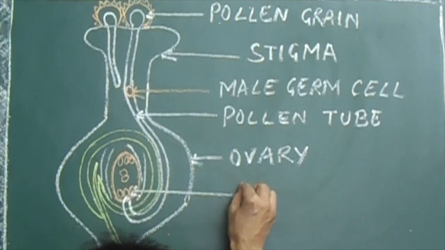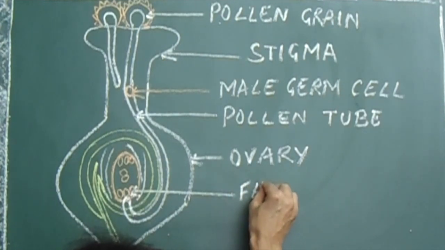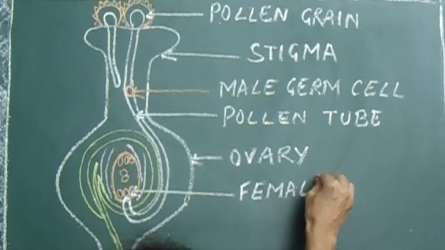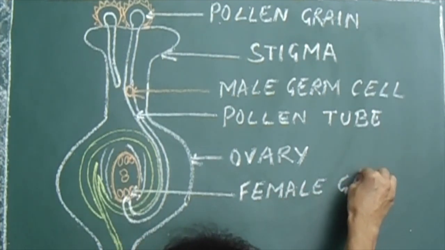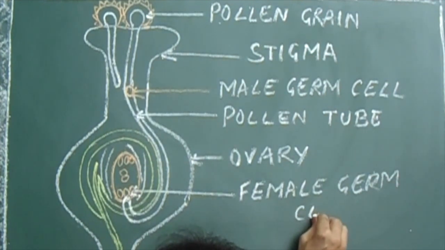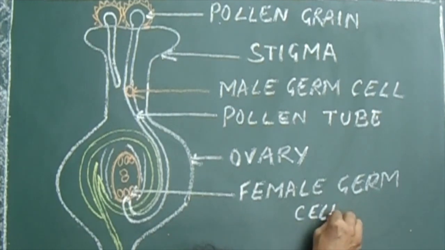It is female germ cell. So this is our complete diagram. Isn't it very easy, students? Yeah, and this diagram is very important for your board exam. So be perfect with this diagram.